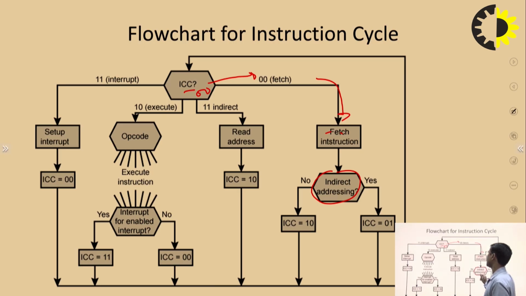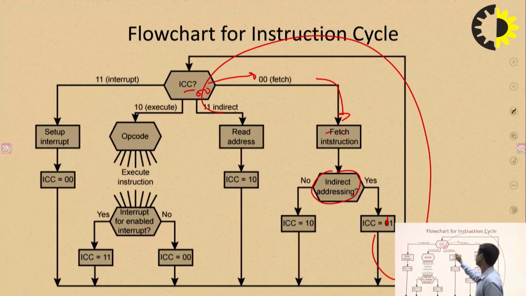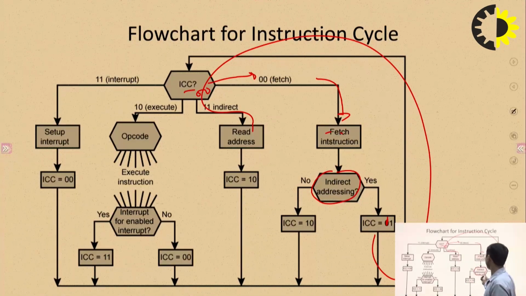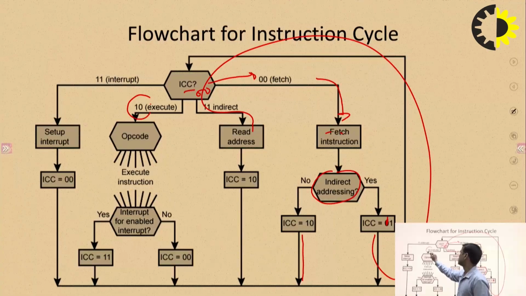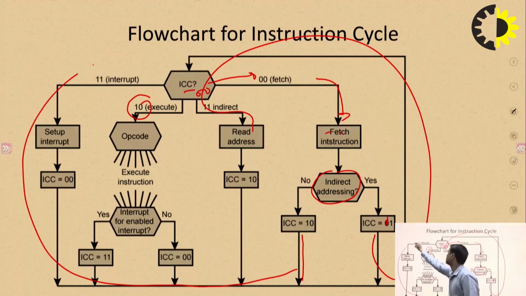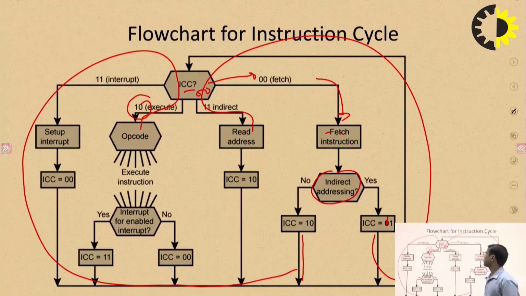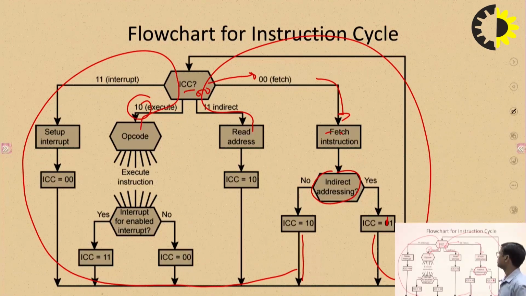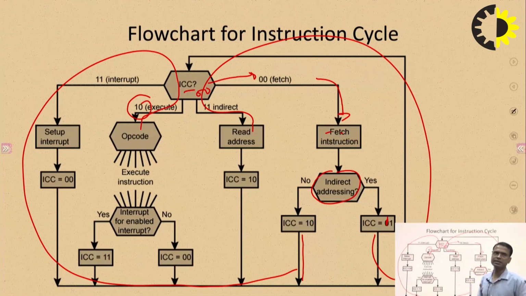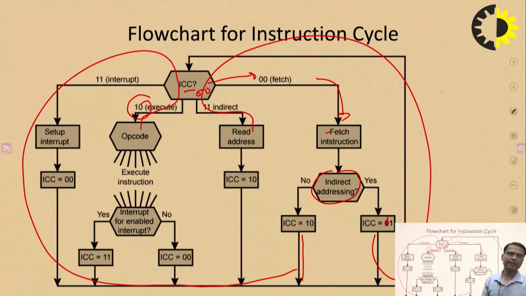If there is an indirect operation, it will say yes, then it will be set to indirect, that is 1, so it will go back to this point and then go here. If there is no indirect operation, then it will directly go to 10, which means execute. So from the ICC register value, the flow chart of the instruction cycle clearly indicates how we can switch between the various states while we are executing the instruction.